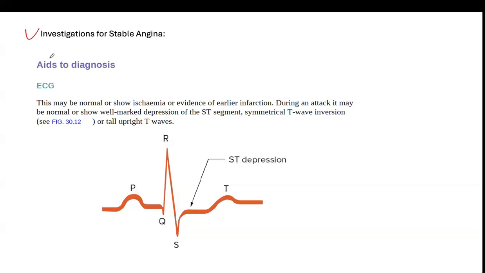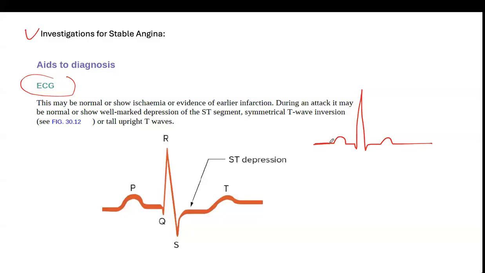Now we are moving on to some of the investigations that we do for a stable angina patient. So first thing is always the same. You do a baseline resting ECG. Okay, so if you do a resting ECG, most of the time, stable angina patient will not have any problem in the ECG. Look at the ECG. Normal thing is this is the P wave, then followed by QRS, and then T wave.